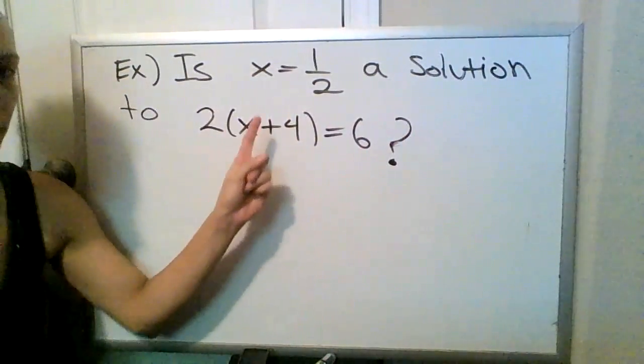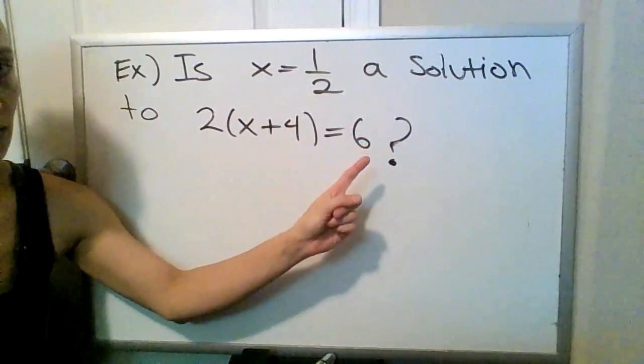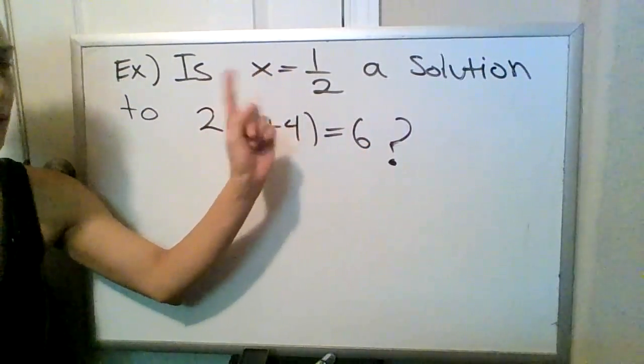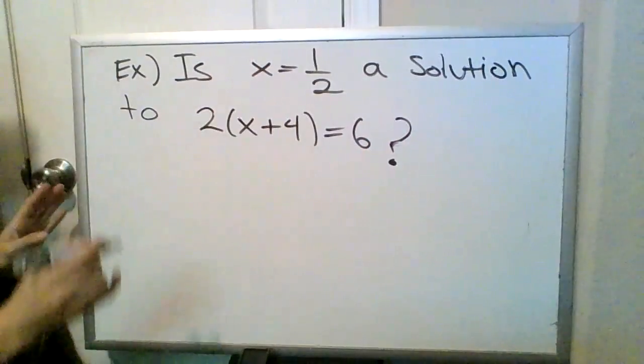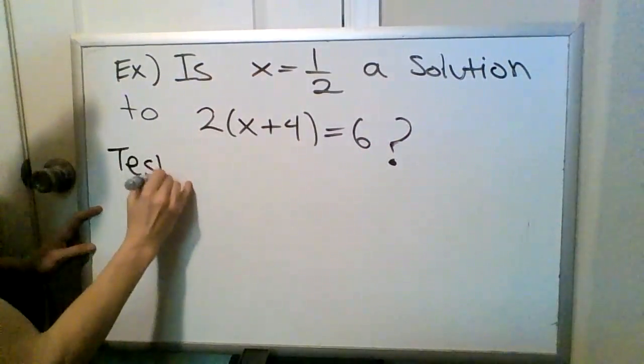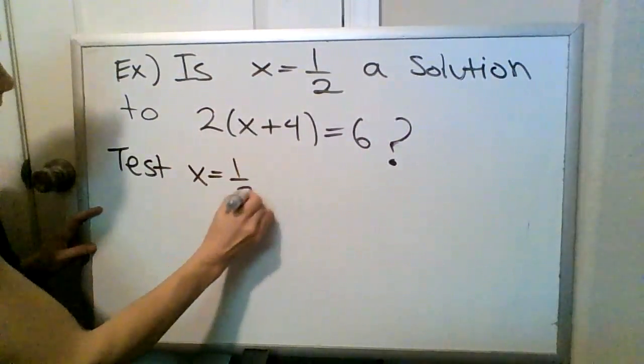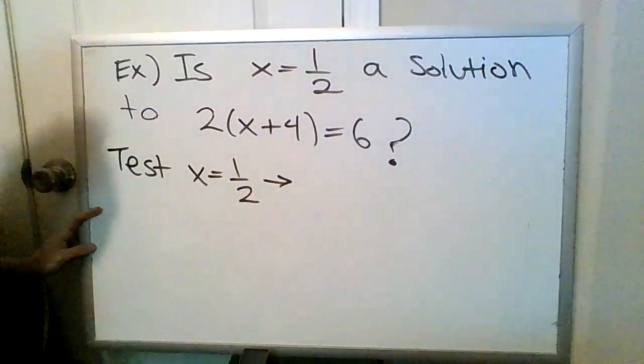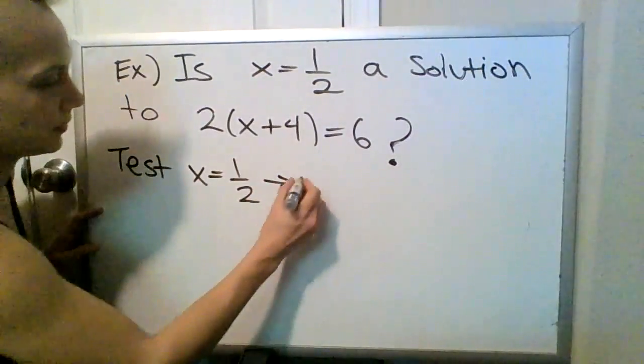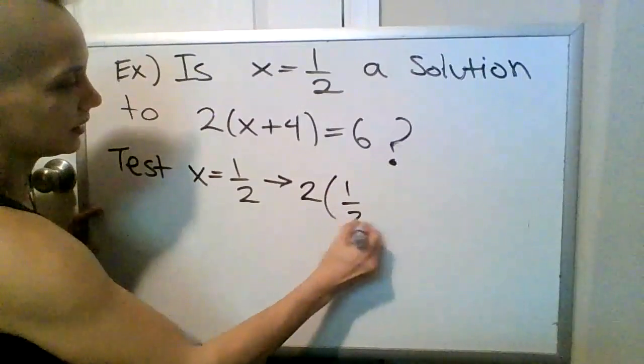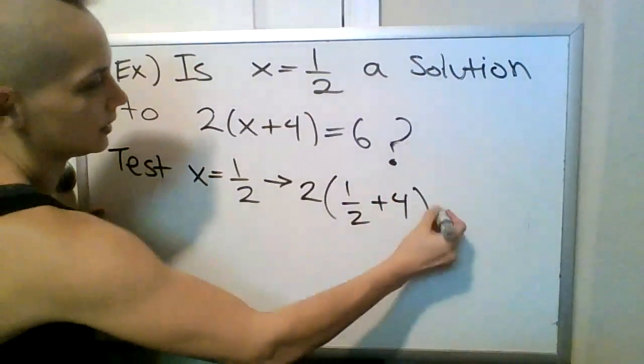Okay, 2 times x plus 4 equal to 6. So check or test x equal to 1/2. 2 times 1/2 plus 4 equals 6.